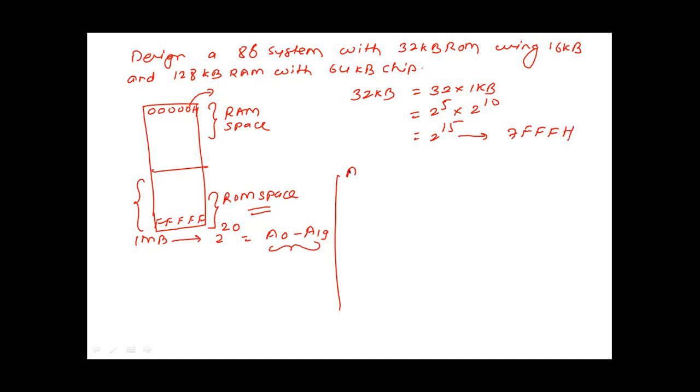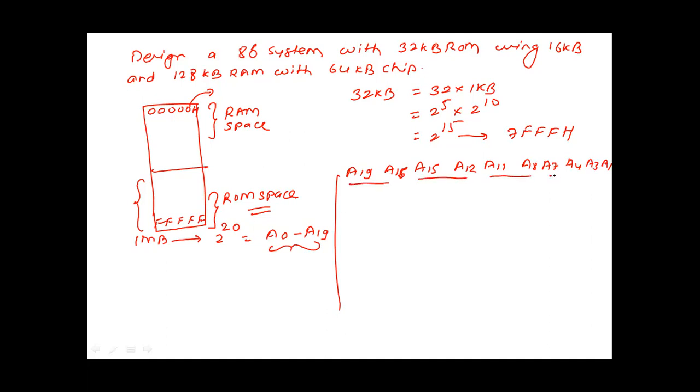Let's see: A19, A18, A17, A16 is the uppermost nibble. Then you have A15, A14, A13, A12, which is your next nibble. Then you have A11, A10, A9, A8, then A7 to A4, and then A3 to A0. So these are 5 nibbles.